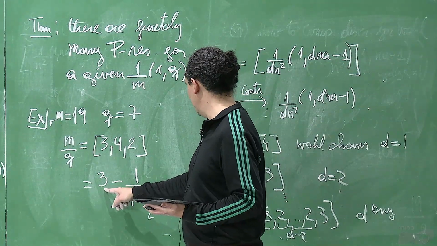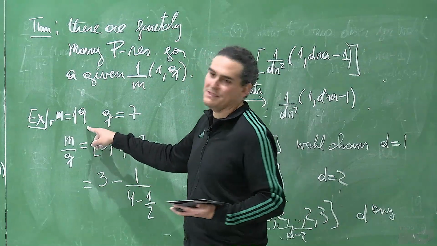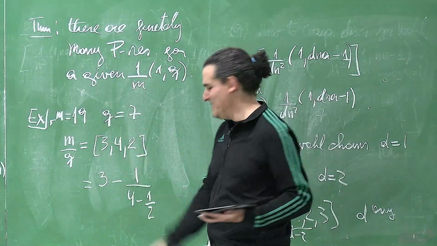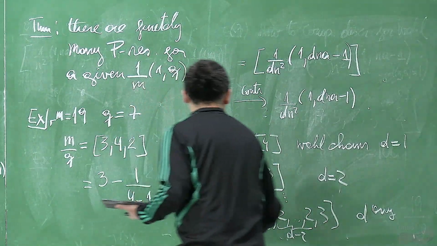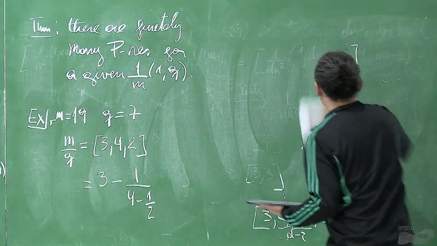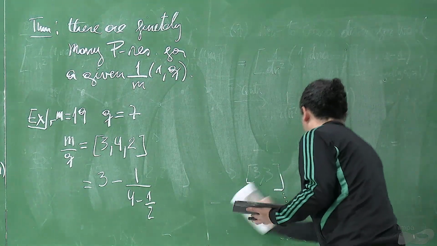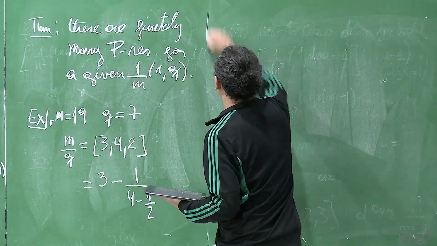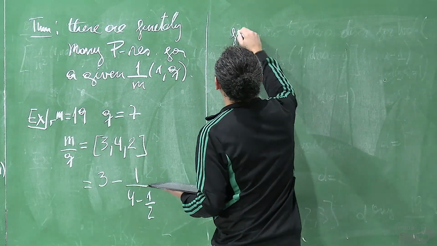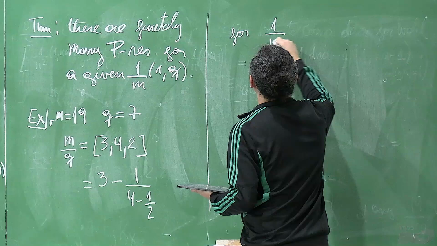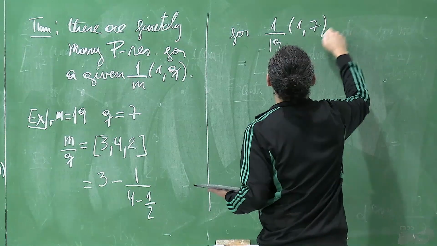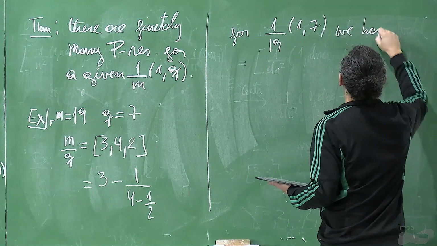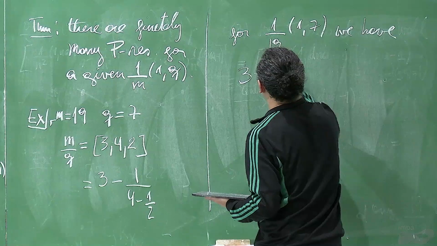You have 21 minus 2, which is 19. It's okay. And then I will show you how, for 1 over 19 (1,7), we have 3 P resolutions.